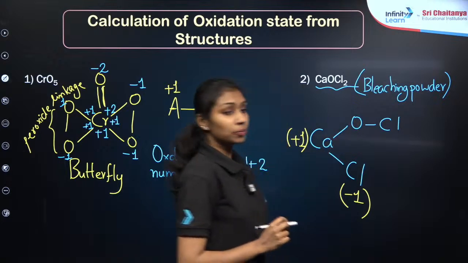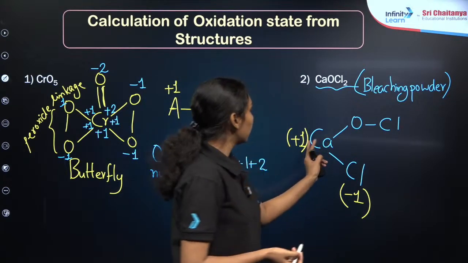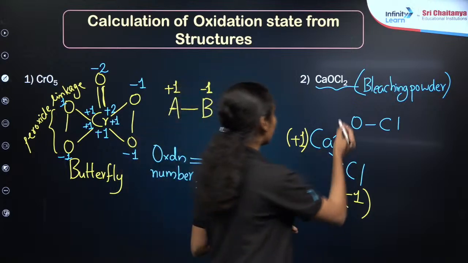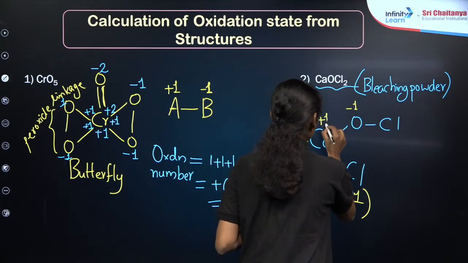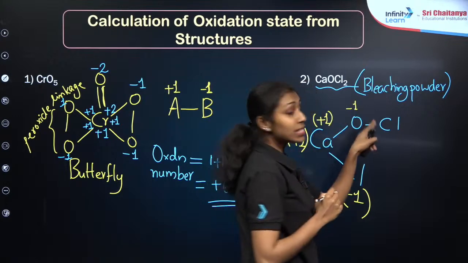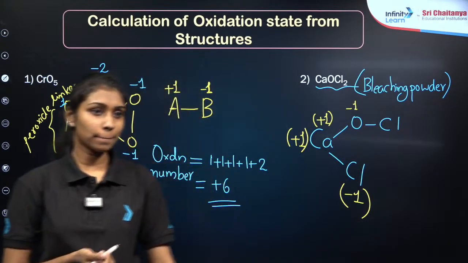Then what will be here? Again, calcium is less electronegative than oxygen. Oxygen will acquire -1 charge here due to this calcium, and calcium will acquire +1 charge. Then what about the OCl bond? Chlorine or oxygen, which one is more electronegative?